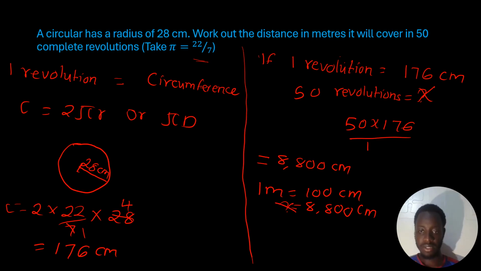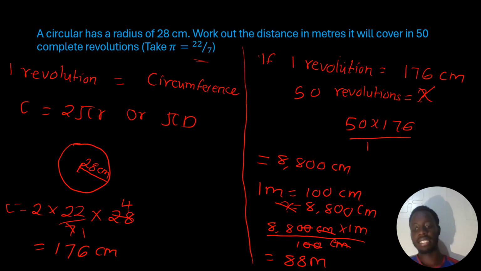We cross multiply, so that is 8,800 centimeters times 1 meter over 100 centimeters. So we cancel that one. So we have 88 meters, and this is the distance that the circular object would have covered in 50 complete revolutions in meters.